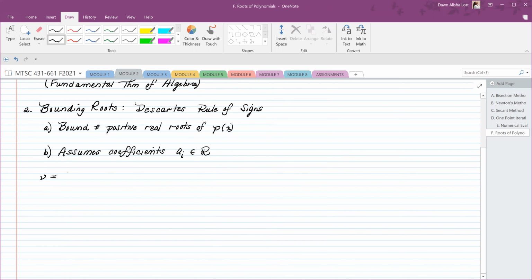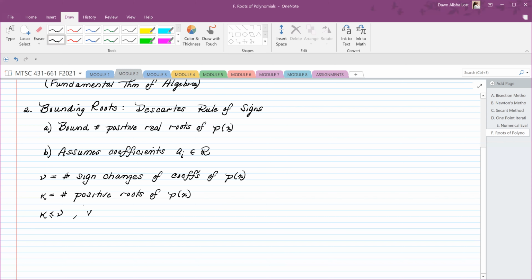Okay. So nu is going to equal the number of sign changes of coefficients of P of X. And then kappa is going to equal the number of positive roots of P of X. And so kappa has to be less than or equal to nu.